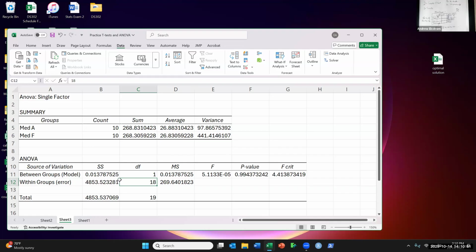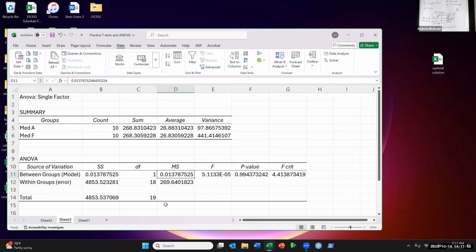And for whatever reason, when you do ANOVA with Excel, you get the table that looks like this, or when we do the same thing with regression models. Again, we're going to get another ANOVA table, and degrees of freedom and sum of squares are going to be basically flipped over.